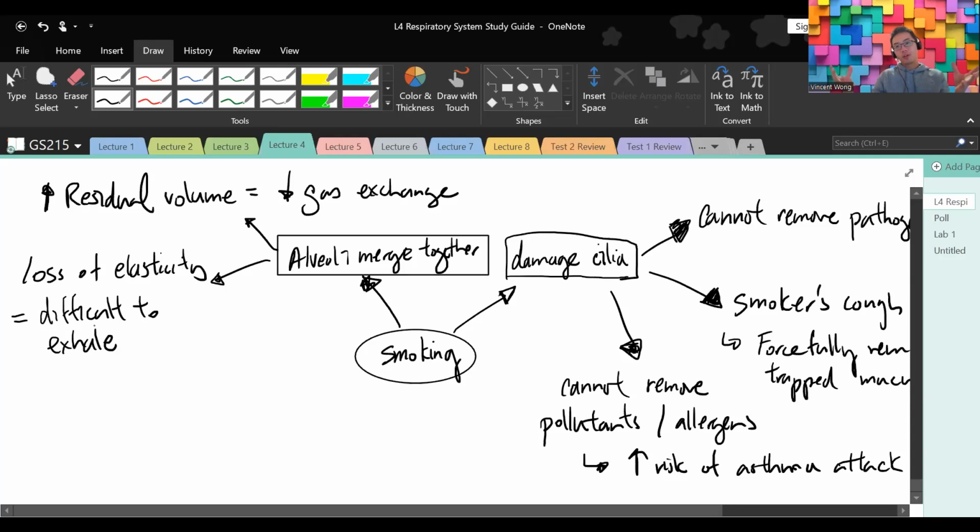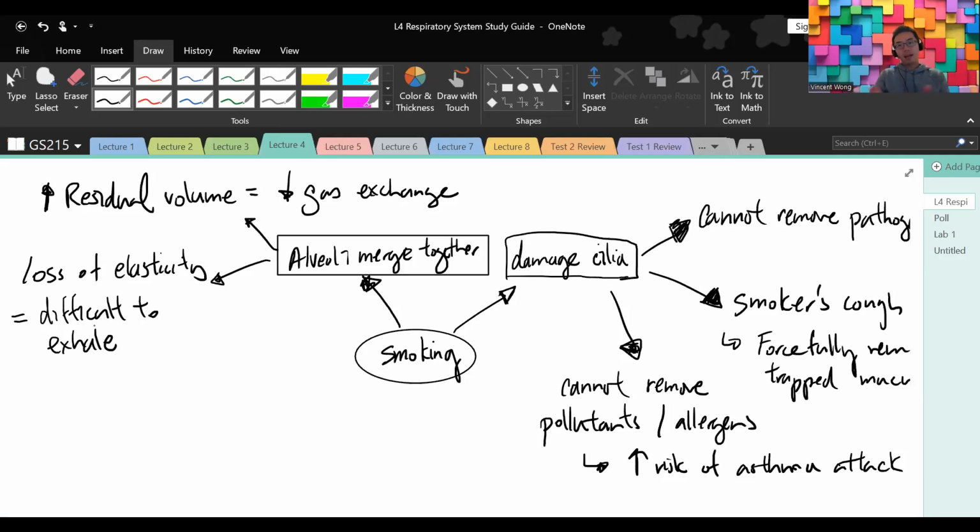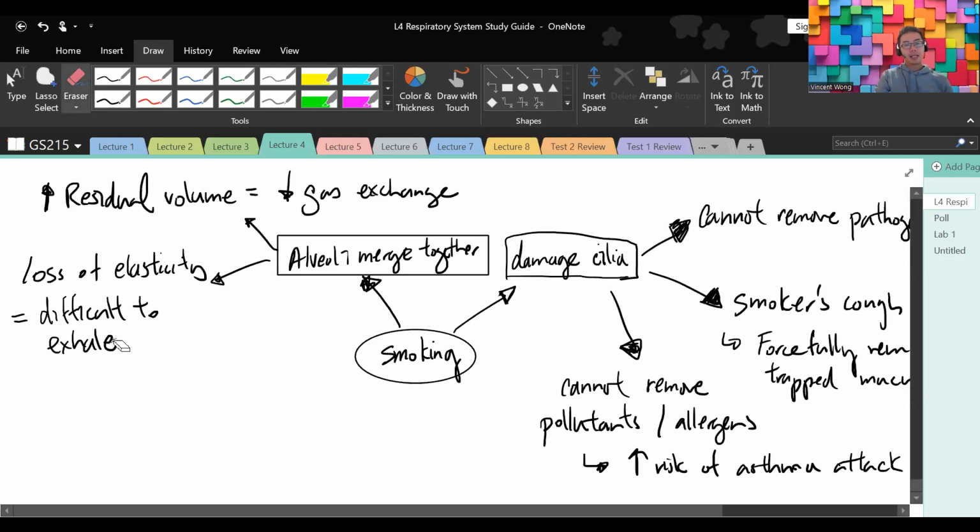You blow air into a balloon and you let go of the neck, air automatically comes out. But with a loss of elasticity, it's like blowing air into a paper bag. The air will hang around in the paper bag. It won't come out automatically. You kind of have to squeeze the bag for it to come out. So with the alveoli all merged together, breathing out is going to take effort. It's going to be laborious.